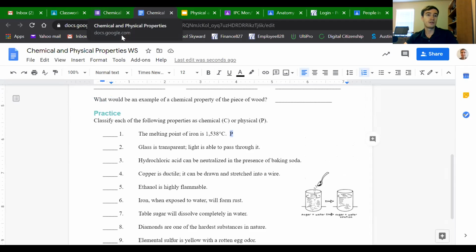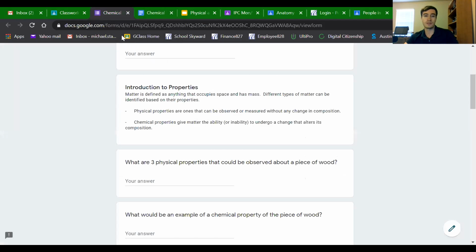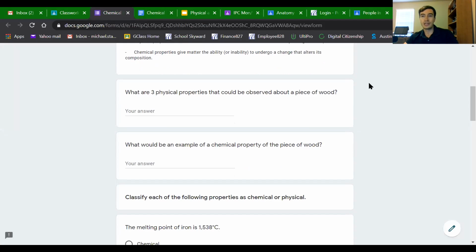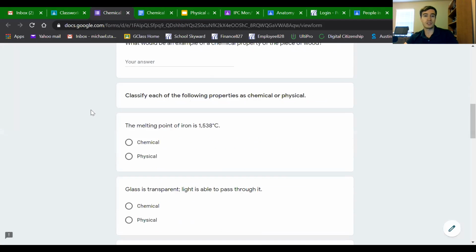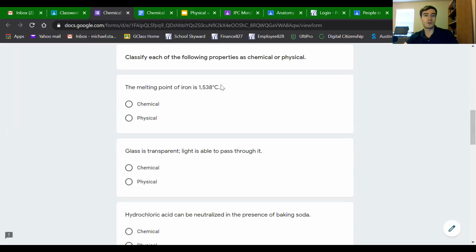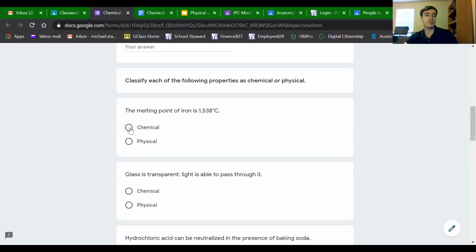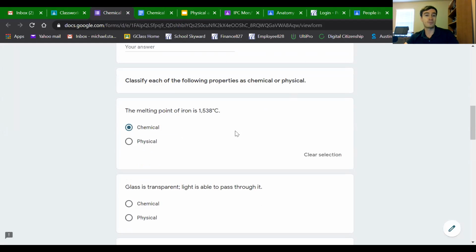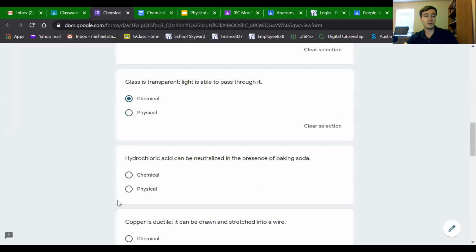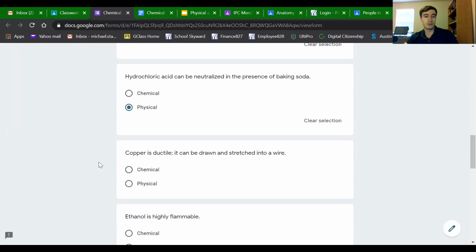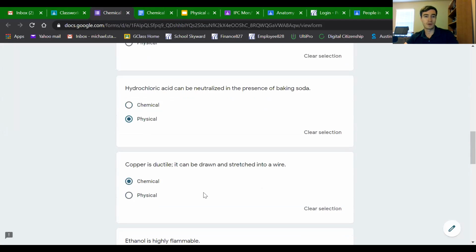On the Google Form version, the one that looks like this, it's set up a tiny bit differently, but it's essentially the same thing. So for each one of the same properties, you just have to mark in the box whether you think it is a chemical property or a physical property. And you'll go through and do that for each one of the properties.